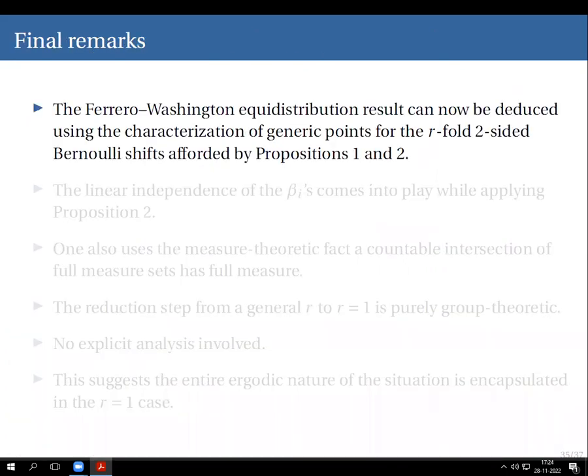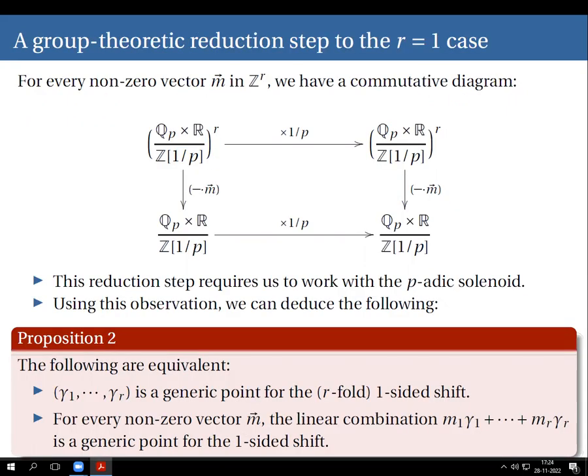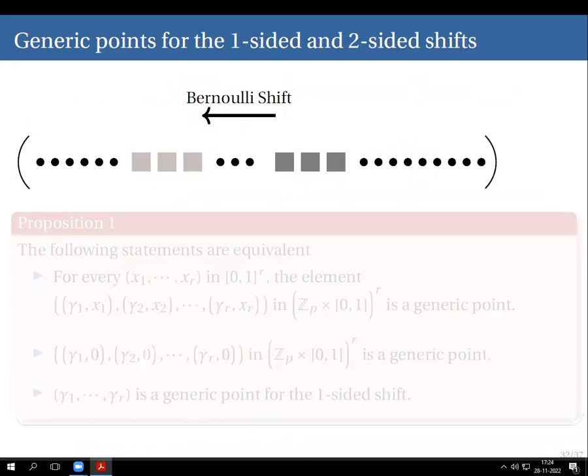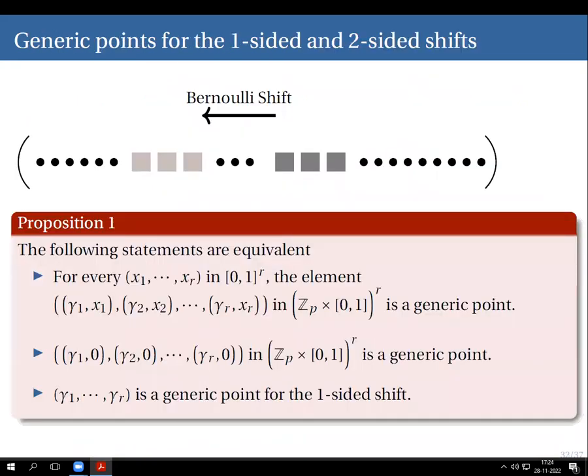Okay. Yeah. So now the Ferrero-Washington theorem that I stated can actually be proven if you combine this proposition that involves this reduction step from general r to r equals 1, and this sort of proposition that you don't have to look at both the real part and the p-adic part. You can only look at the p-adic part.